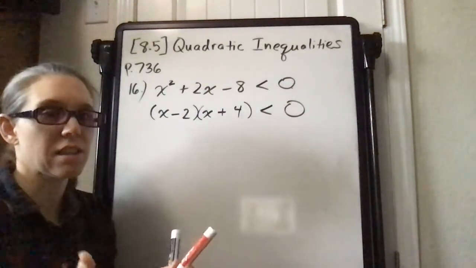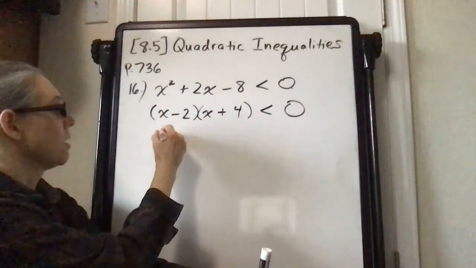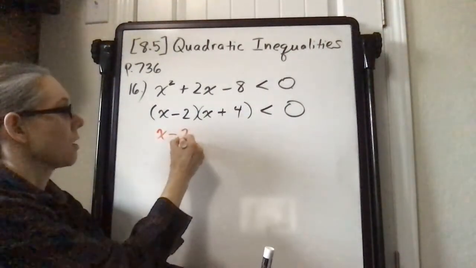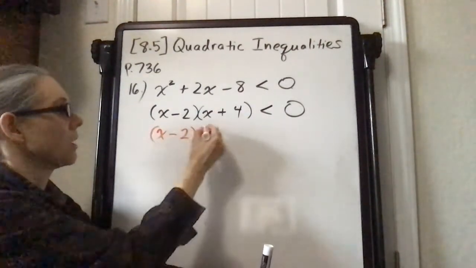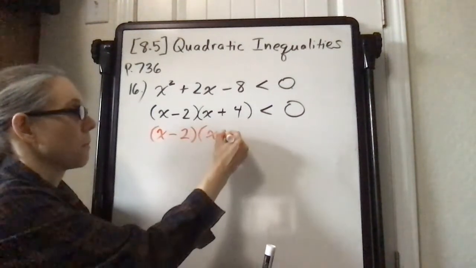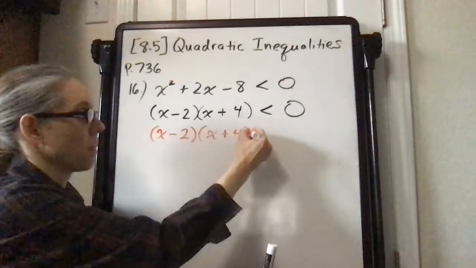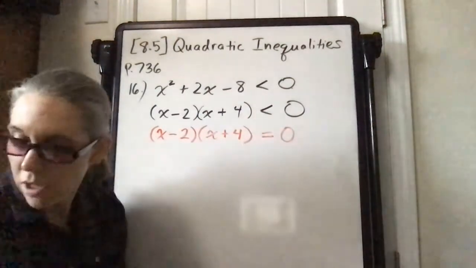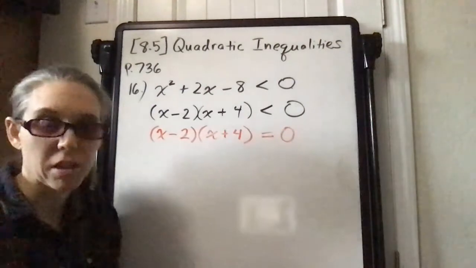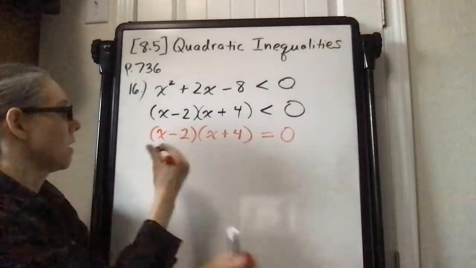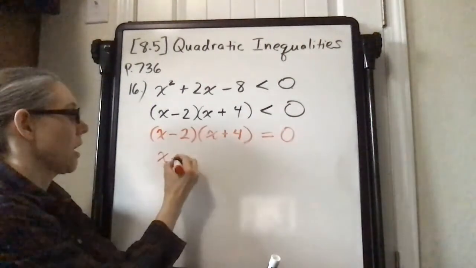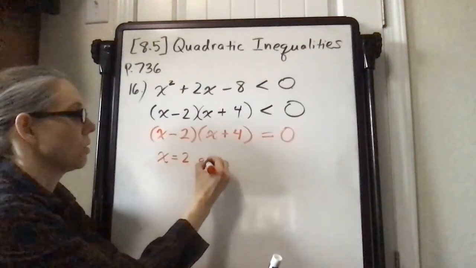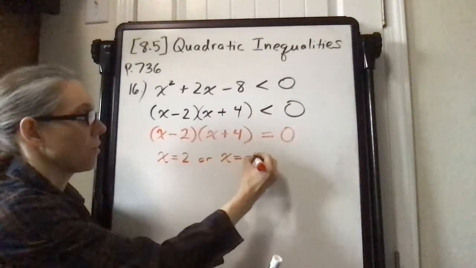Okay, so let's look at the equation that corresponds to this inequality. This equation, by the zero factor property, is solved, and you get x equals 2 or x equals -4.